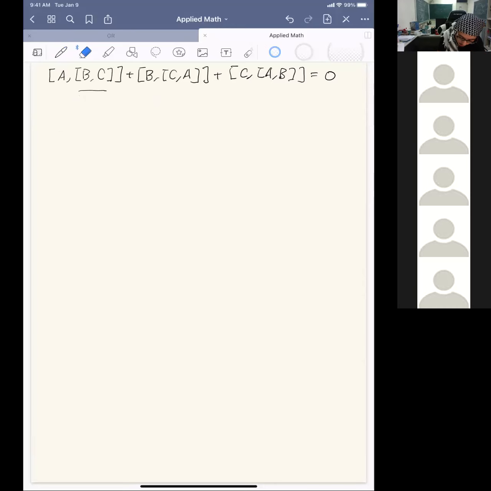And indeed, you can show that the structure constant satisfies it. So the way to do it is, let's say A is G_A, B is G_B, and C is G_C. Let me just work out the first term, and the other two terms will just be permutations of my ABC indices.